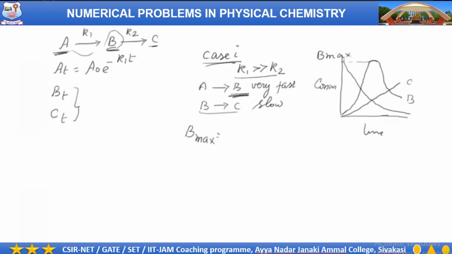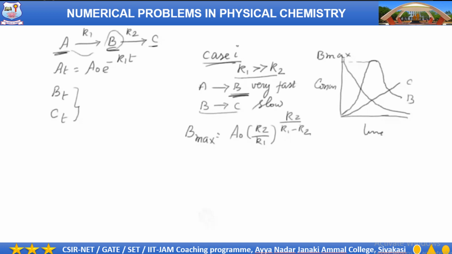That is given by A naught into K2, the lower speed, divided by the higher speed, into K2, the lower speed, by K1 minus K2. This is the equation. But no problem has so far been asked. However, this time it may be asked.